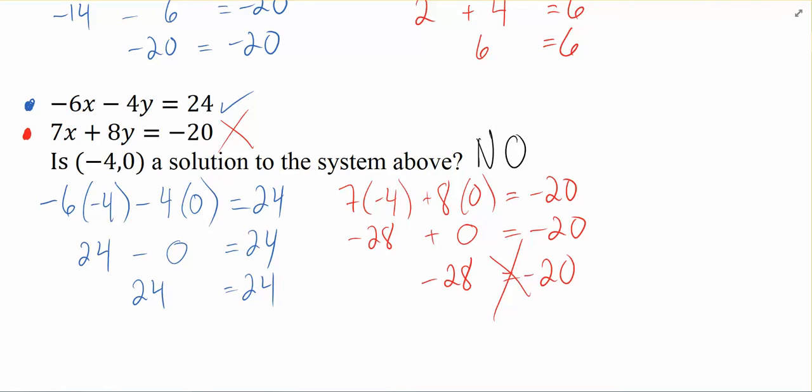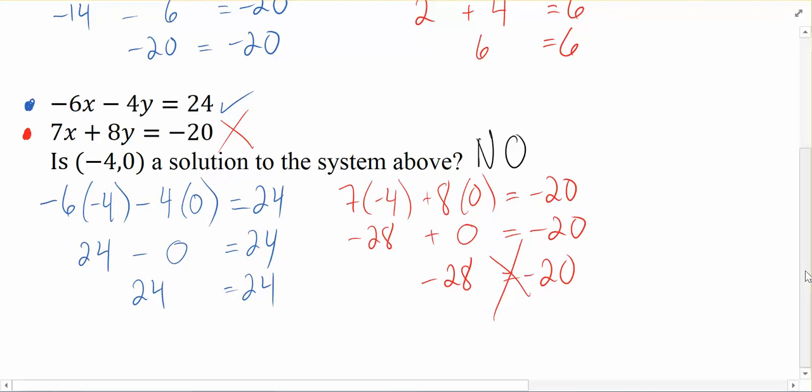So if we think about what that means graphically, in this example that we're looking at right now, if I were to graph each of those lines, then negative 4, 0 would be a point that's on the blue line, but it's not a point on the red line, which means it's not a solution.